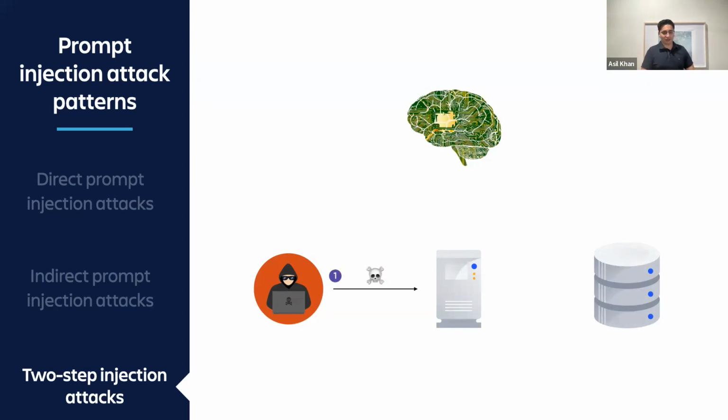A malicious user can actually ask the application to pretty please generate an attack against the database or generate a cross-site scripting attack against the final user that will view the results of the malicious user's query.